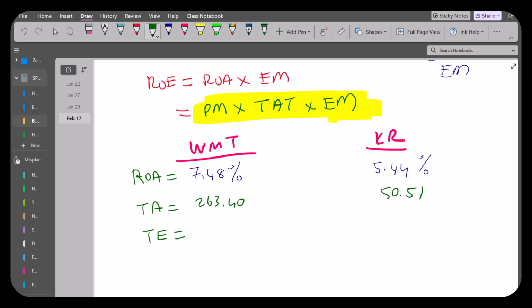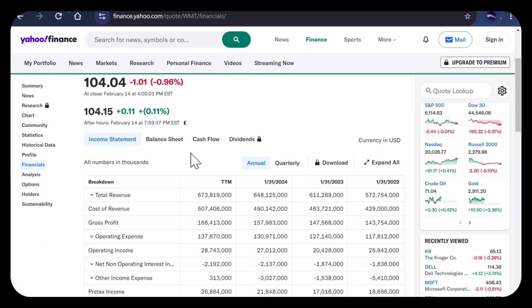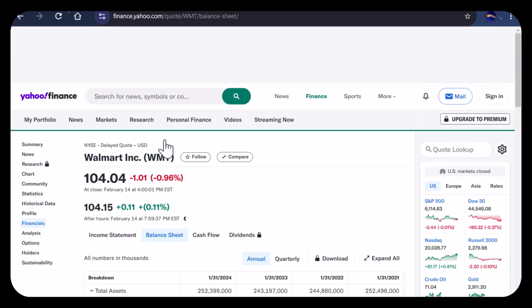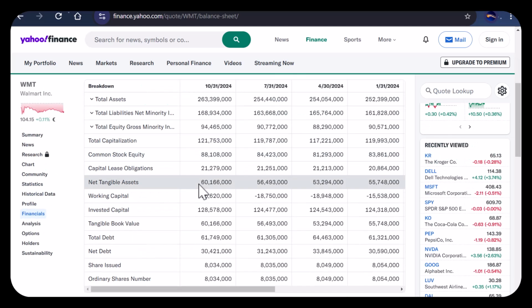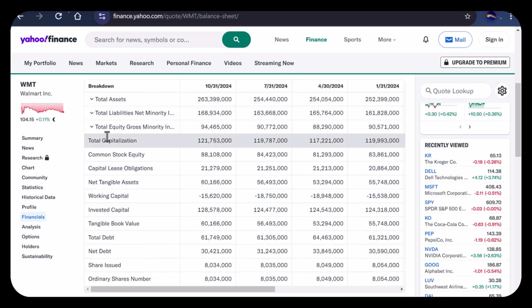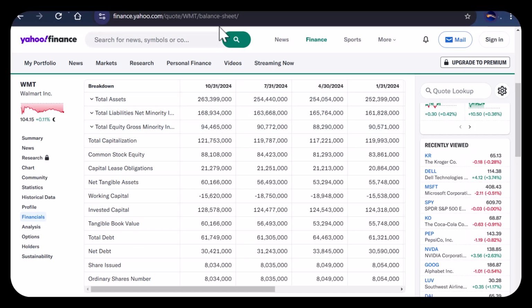And let's get the total equity numbers. Balance sheet, quarterly. And total equity gross minority interest. That's the number you want to look at, 94.47. And I'm going to explain what that means.